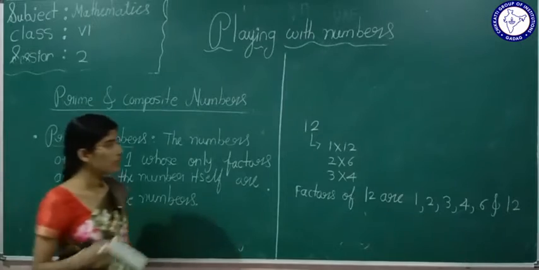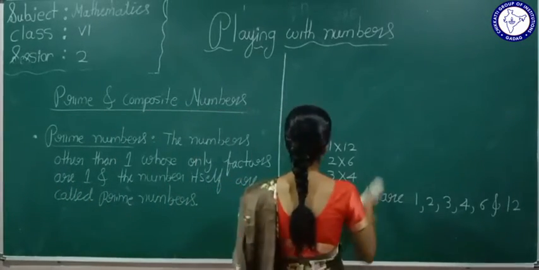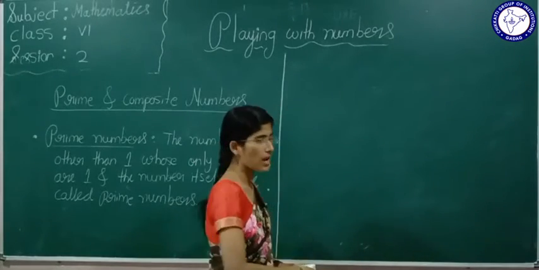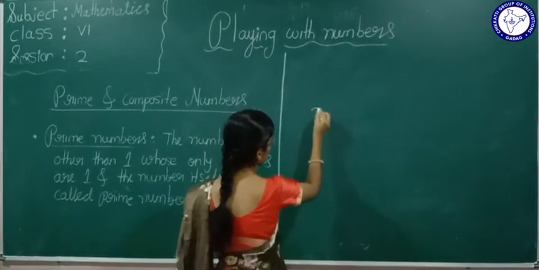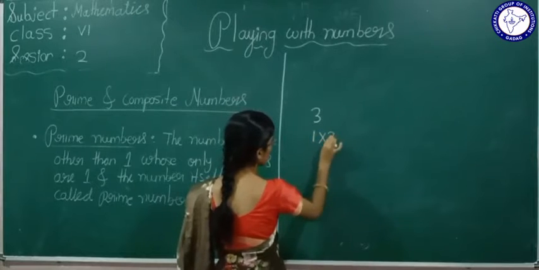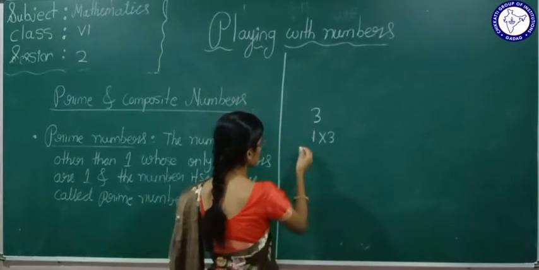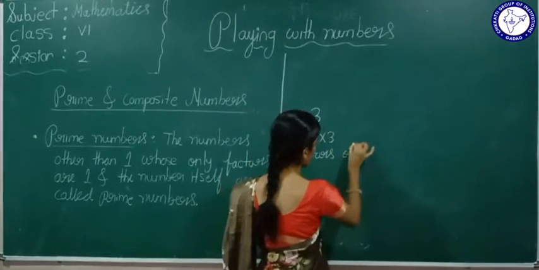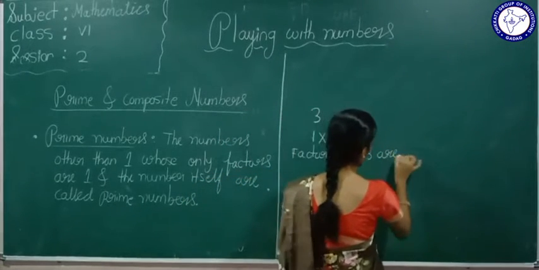Now see here, I will give a number 3. Now tell me what are the factors of 3, students? 1 3s are 3. Yes? What are the factors of 3?